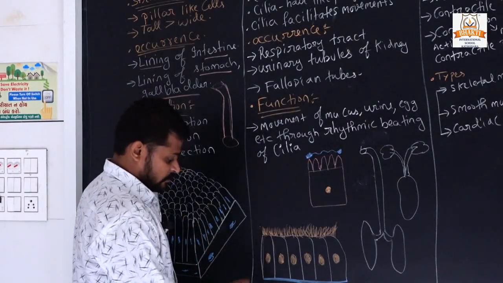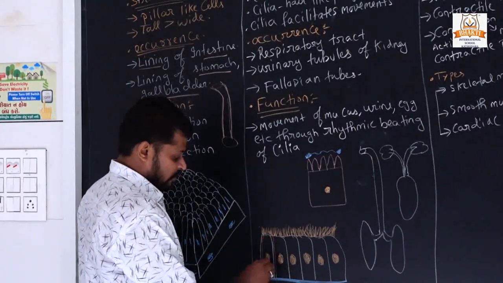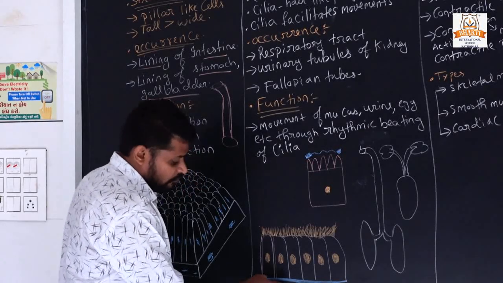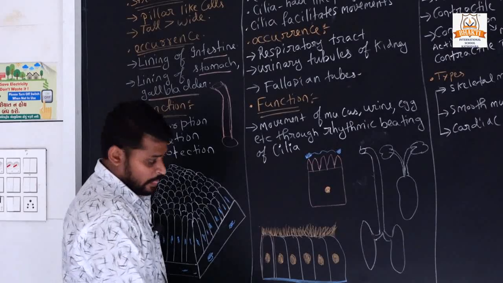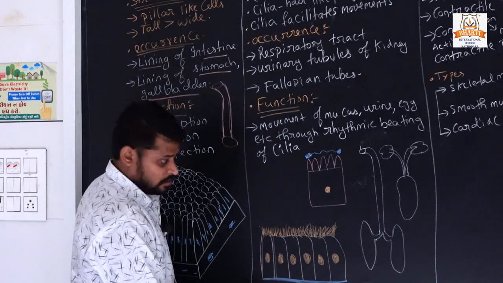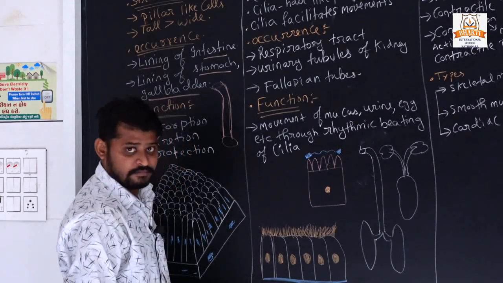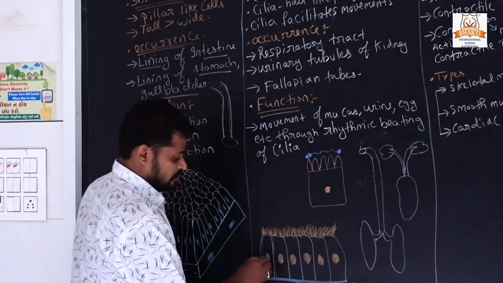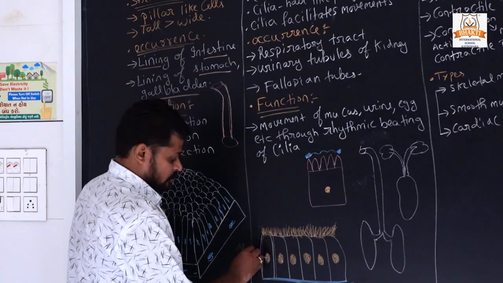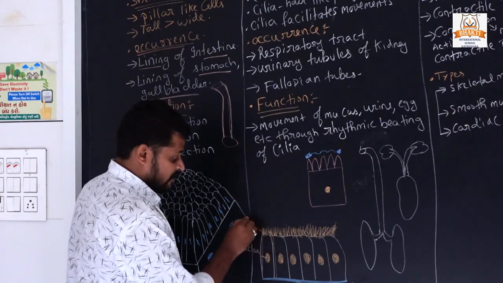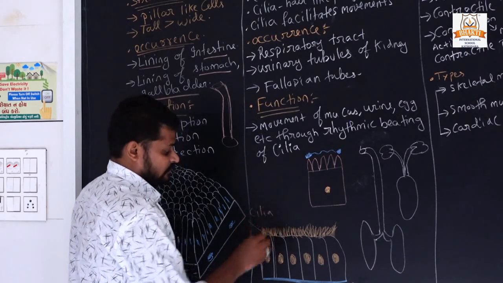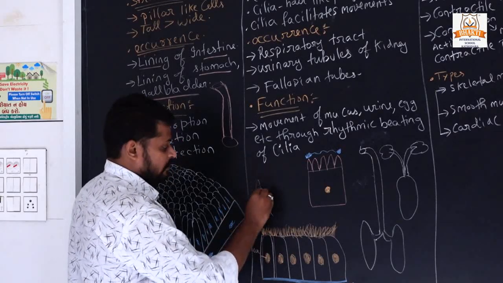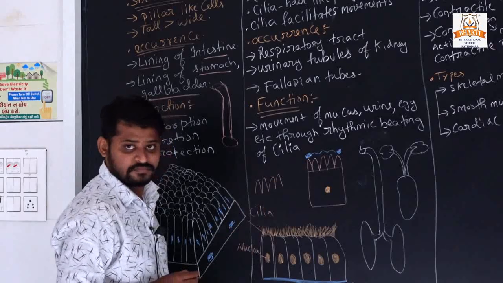You will see a cell in which the nucleus is present, and this blue line drawn here is the base membrane. This is the base membrane, this is the nucleus, and this is cilia. Cilia is a hair like structure. If I draw it separately, it will look like this.